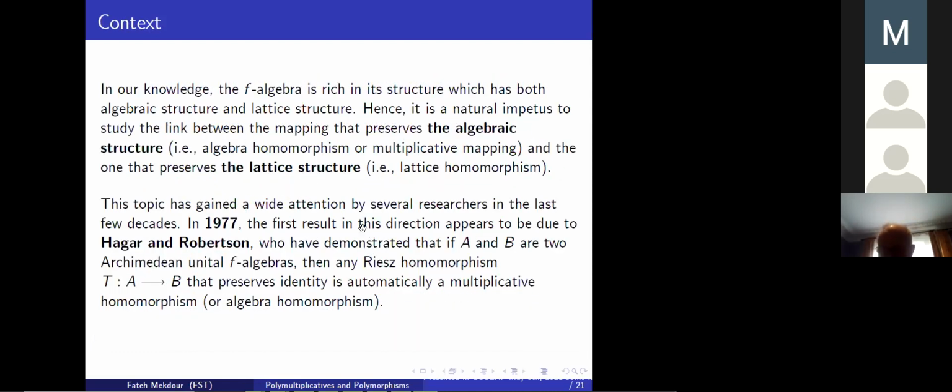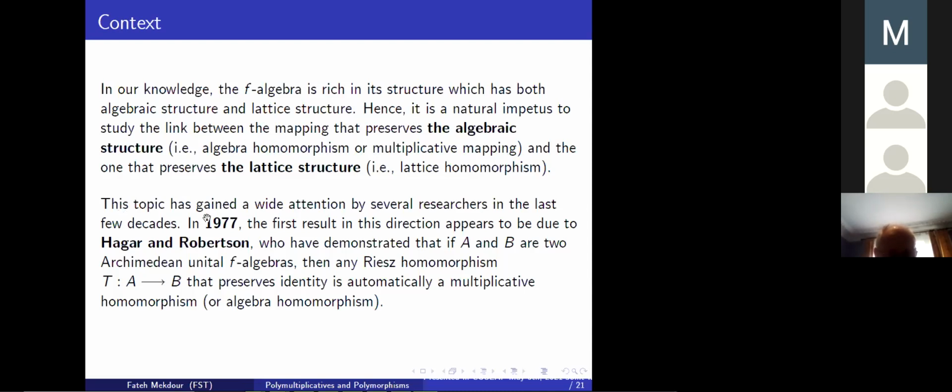Now, in the following context, let me present the most previous works related to this topic. As we know, the F-algebra is a rich structure, which has both algebraic structure and lattice structure. Hence, it is a natural impetus to study the link between the mapping that preserves the algebraic structure, which is called algebra homomorphism or multiplicative mapping, and the one that preserves the lattice structure, which is called lattice homomorphism.